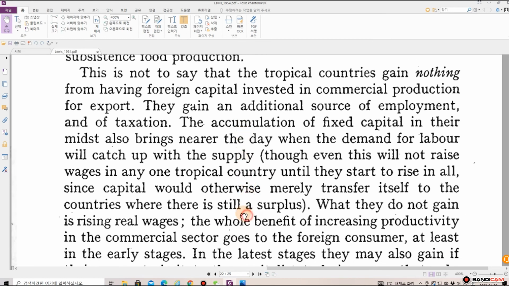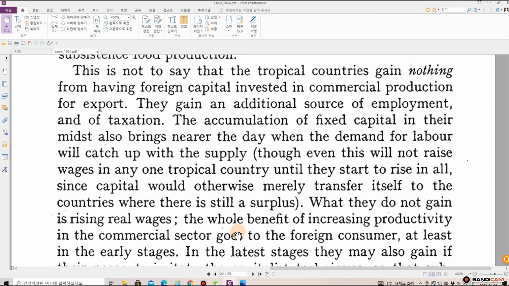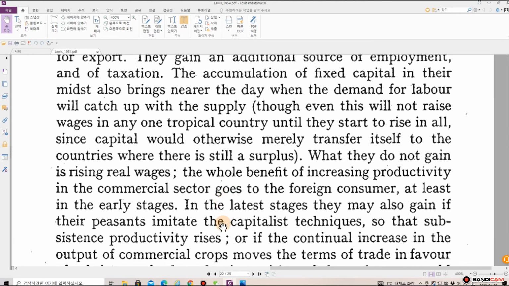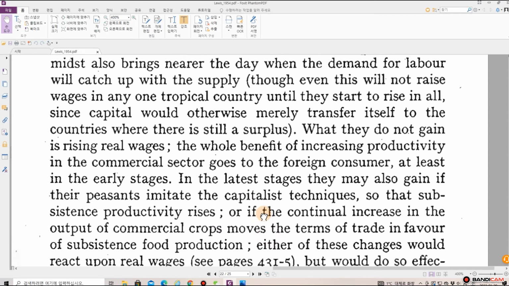This is not to say that the tropical countries gain nothing from having foreign capital invested in commercial production for export. They gain an additional source of employment and of taxation. The accumulation of fixed capital in their midst also brings nearer the day when the demand for labor will catch up with the supply.